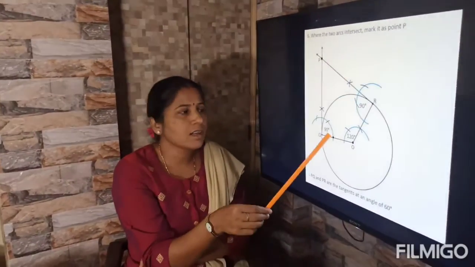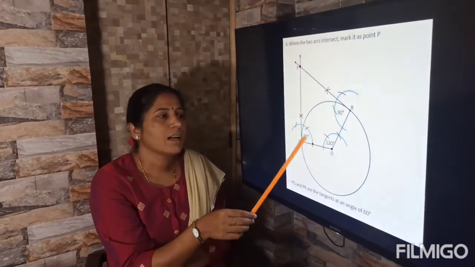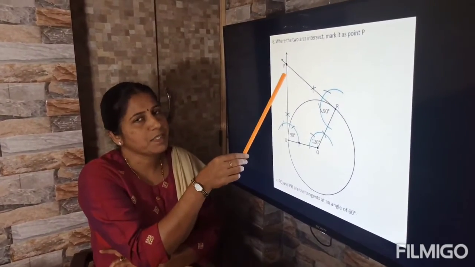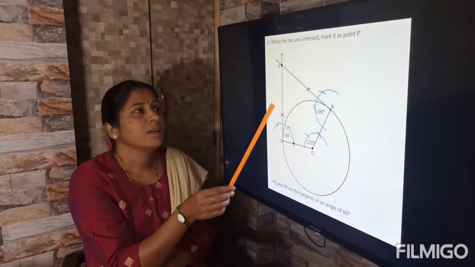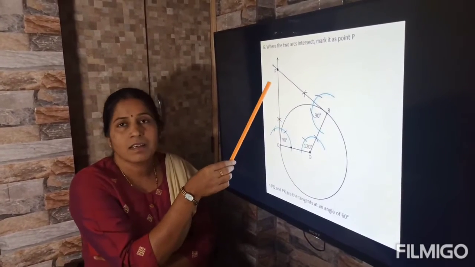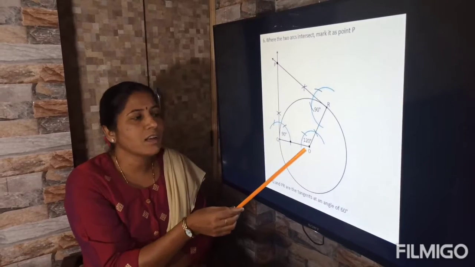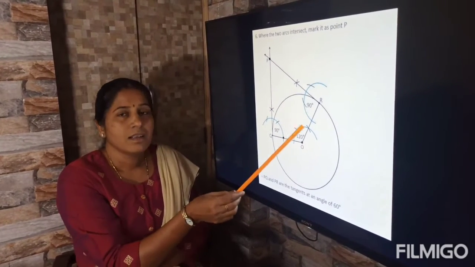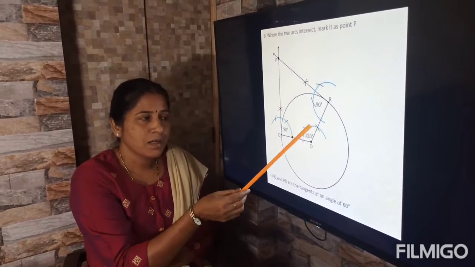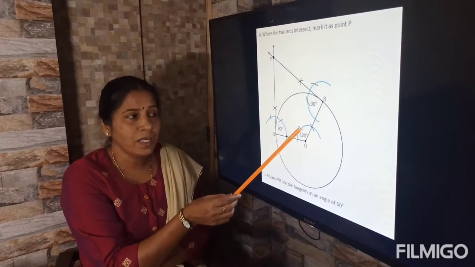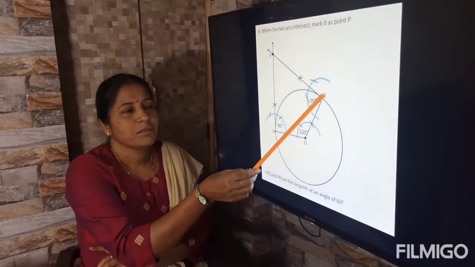First draw the circle with the given radius, and if they give this angle, you have to subtract it from 180. Here the given angle is 60 degree, that you have to subtract from 180, you will get 120. That you have to mark here, a 120 degree angle, and produce it.